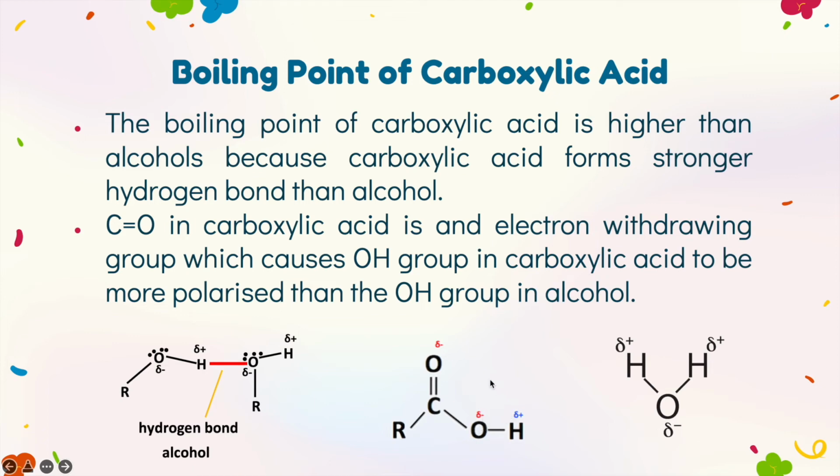So in the carboxylic acid, it is more polarized. But in alcohol, there is only one delta minus and delta plus. There is no extra oxygen like in the carboxylic acid. Carboxylic acid has two delta minus which attract the electron towards the oxygen, which makes it more polarized in carboxylic acid.